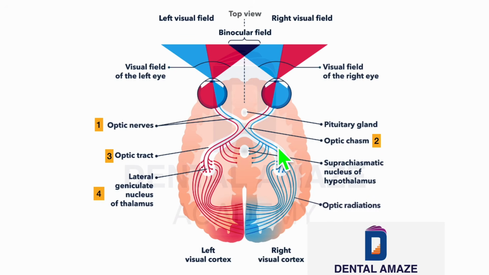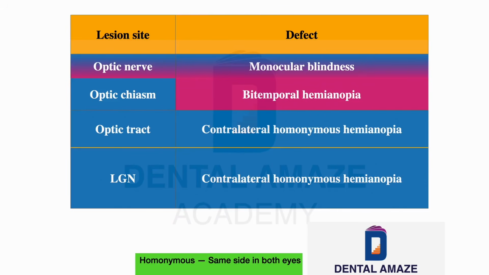Whereas here it is temporal. You come here, the opposite visual field, the same side of both the eyes, that is the left side, so that will be your contralateral.